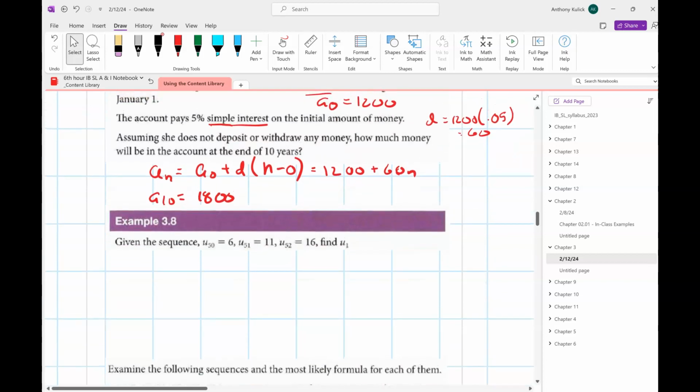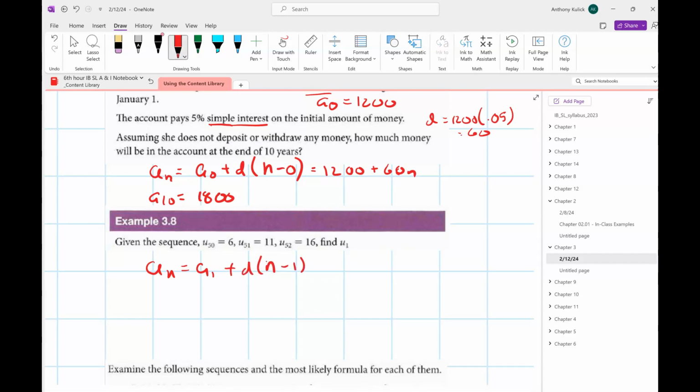So here, we're given the 50th, 51st, and 52nd term, but asked to find the first term. So remember, we have this formula, right?